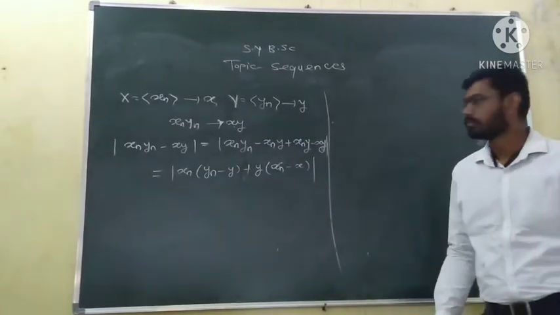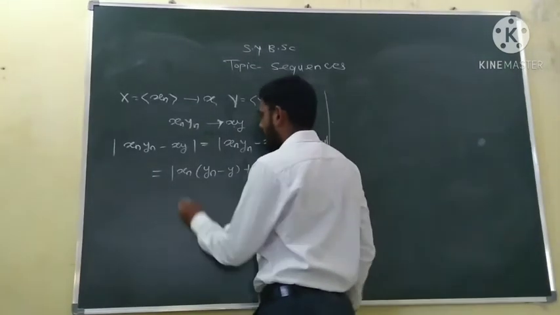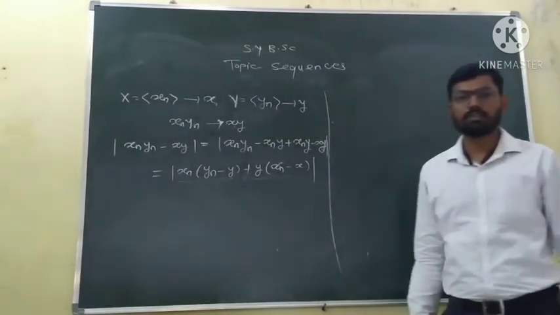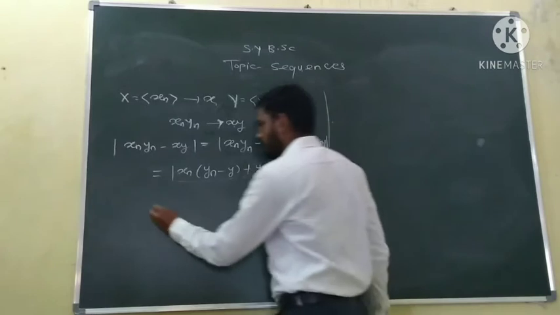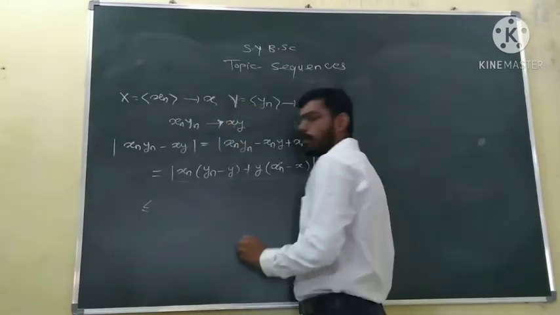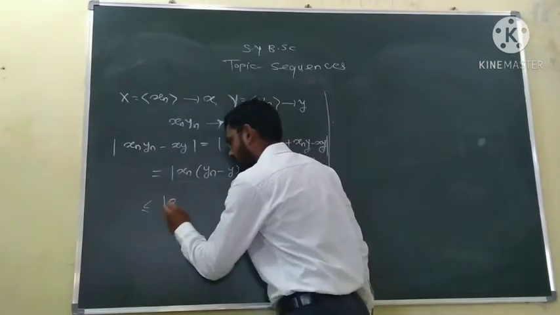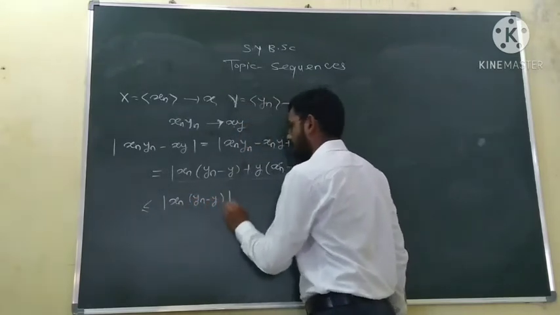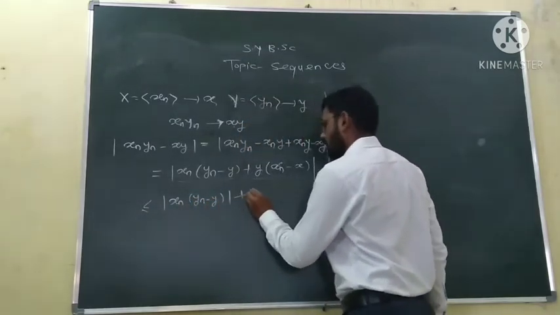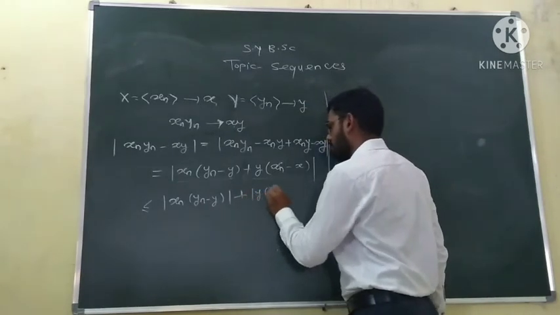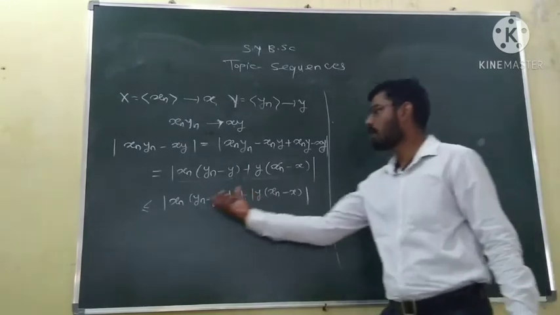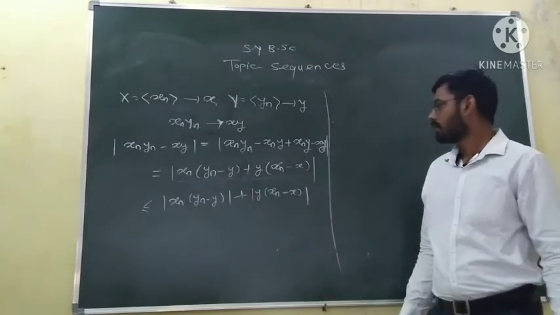Again, for mod of a plus b we will use the triangle inequality: it is less than or equal to mod a plus mod b.